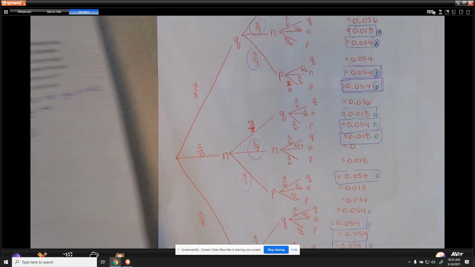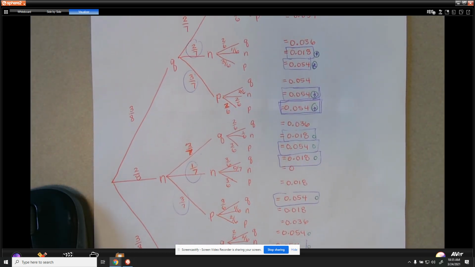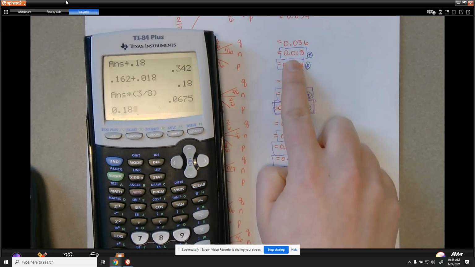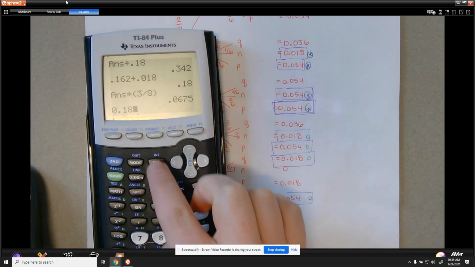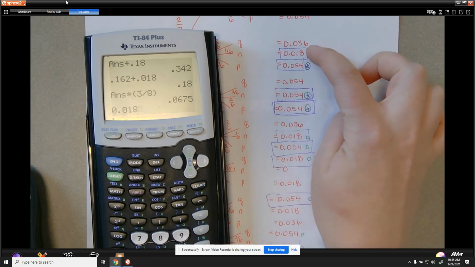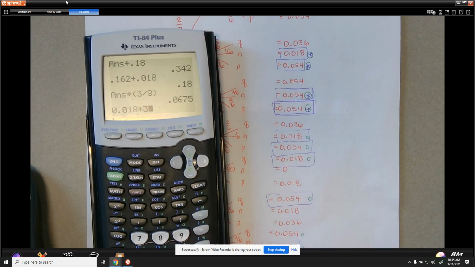All right, so we would add up all these probabilities that I have boxed for the probability of one quarter. So 0.018 right there. Oh my gosh, be careful. I've got 1, 2, 3 of those. I'm going to just multiply that by 3 instead of adding that 3 times. It's going to be the same thing.